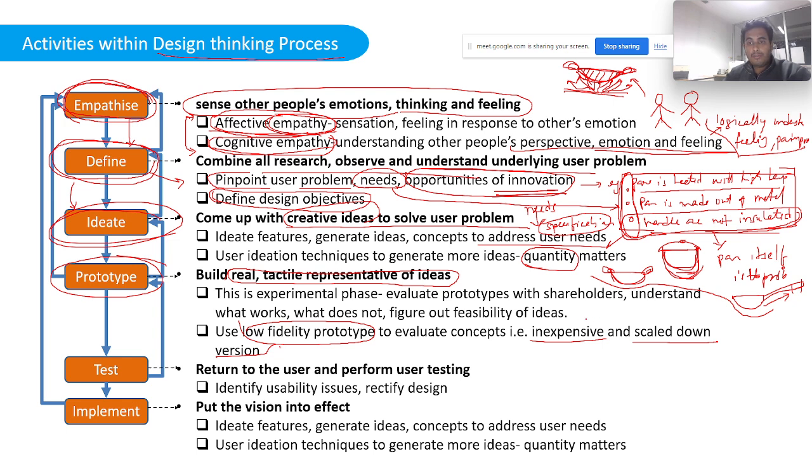Okay, so you involve various stakeholders. So who are the stakeholders in such a particular problem? Probably a housewife, or a restaurant cook. He may be the stakeholder.